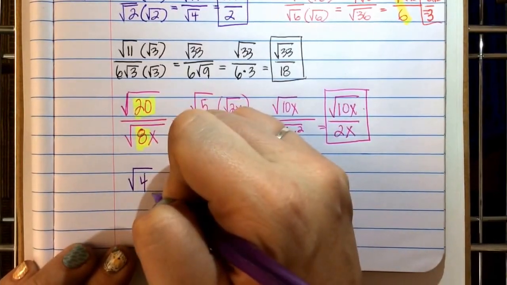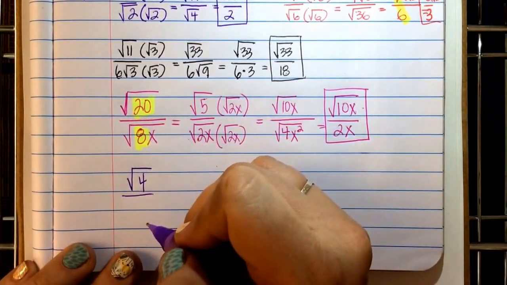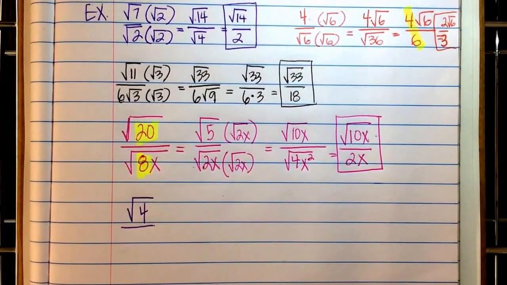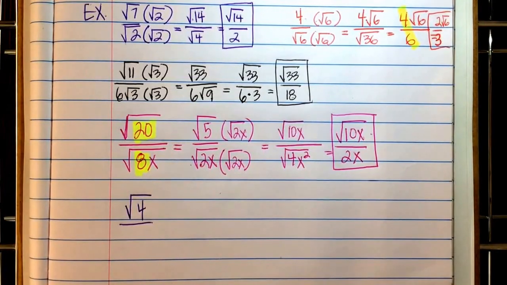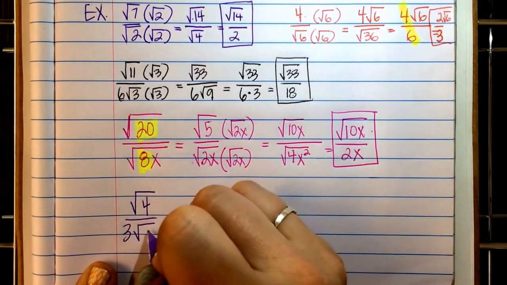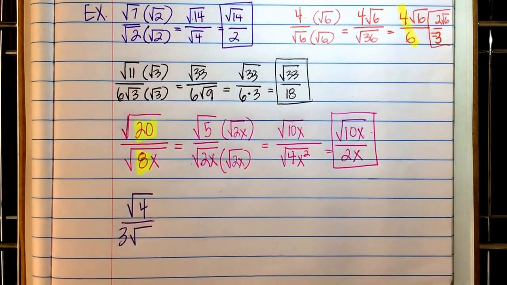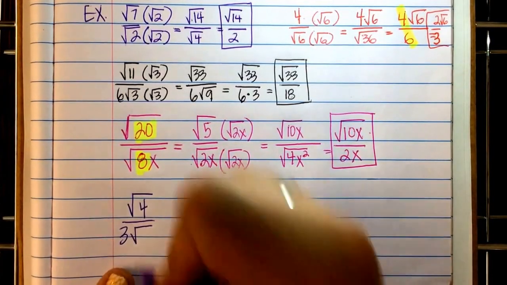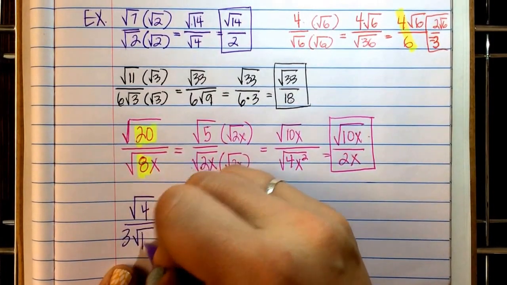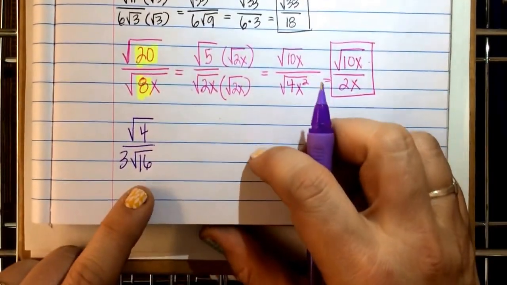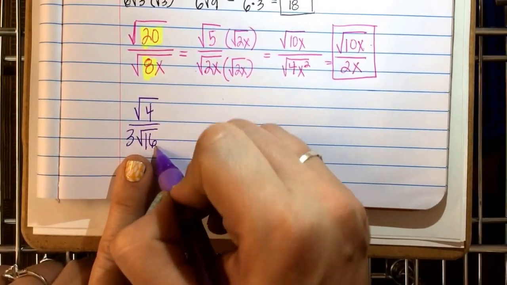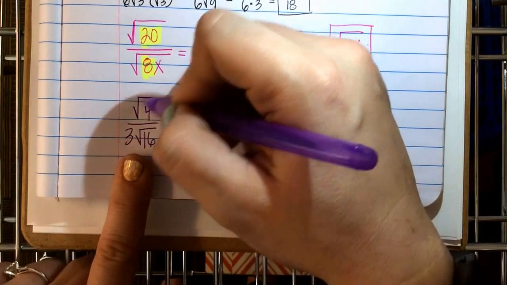Let's do radical 4 over 3 radical 16. That's the only way you're going to get it, Joel. And to do that, you can perfect square this already. You can re-simplify that. Does that make sense?